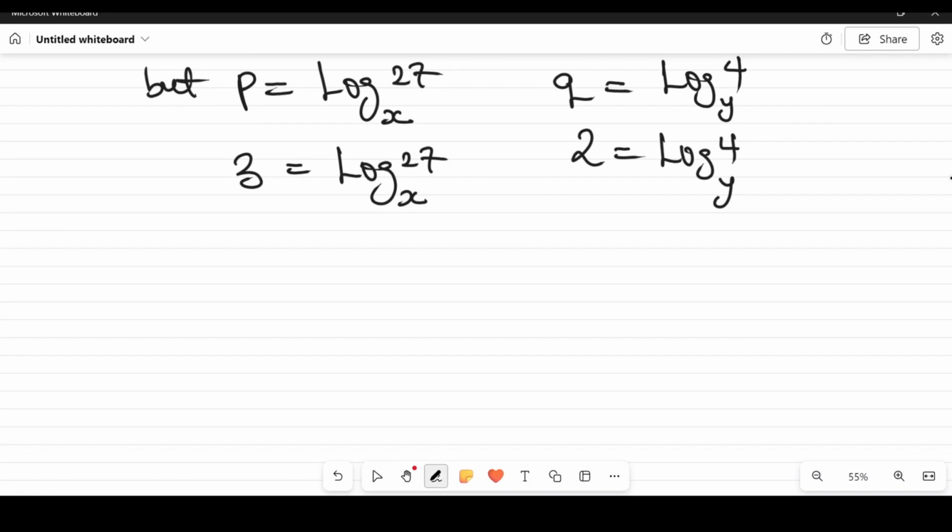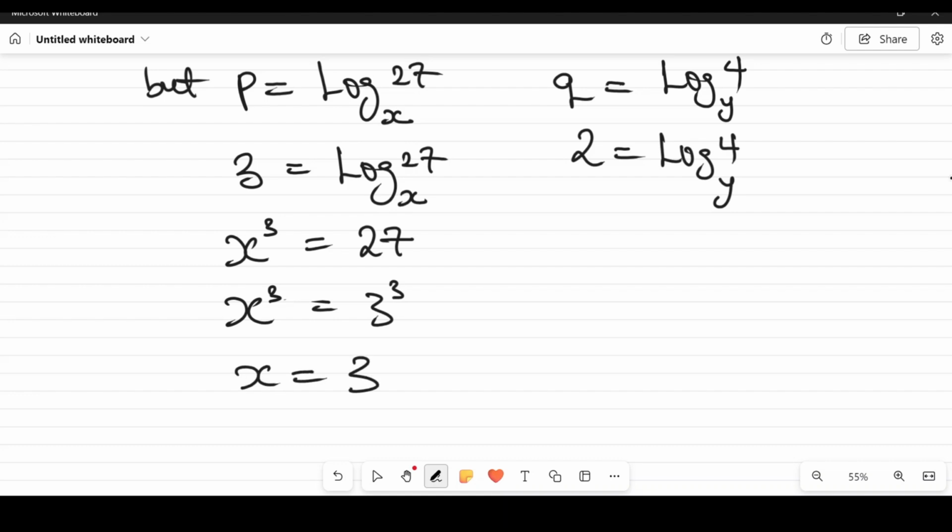So from here, we can express this as x to the power 3 equal to 27. So we have that x to the power 3 is equal to 3 to the power 3. So since our index or powers are equal, so therefore x is equal to 3.